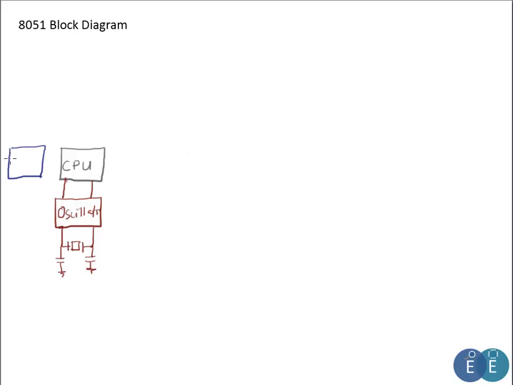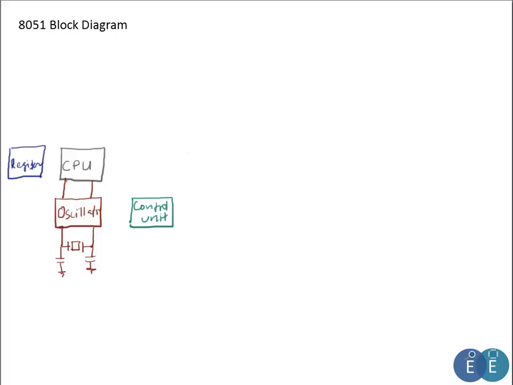So you have a set of registers in the microcontroller. We'll see in detail what these registers are later. So let's say we have some registers to store data. Now in order to coordinate all the activities that the CPU does, we have a control unit.